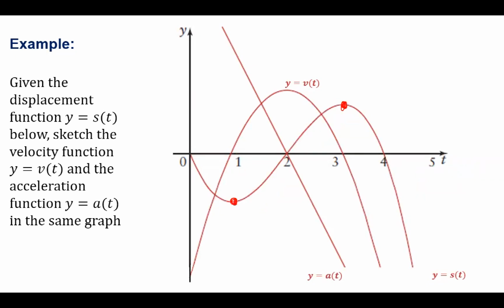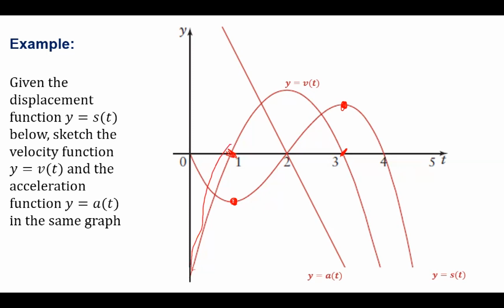Therefore, we know at these 2 points, the velocity must be 0. And before this point, you can see the instantaneous rate of change of s is negative and keeps increasing, right? So therefore, we have a trend like this.